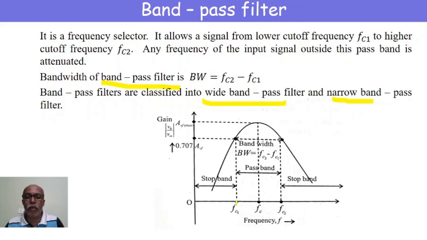These two, Fc1 and Fc2, represent the cutoff frequencies, between which the frequencies are allowed to pass through. Below the first cutoff and above the second cutoff, the frequencies are filtered off; they are attenuated.